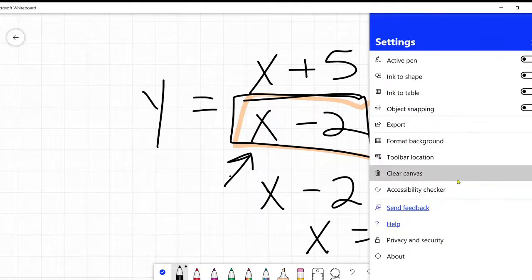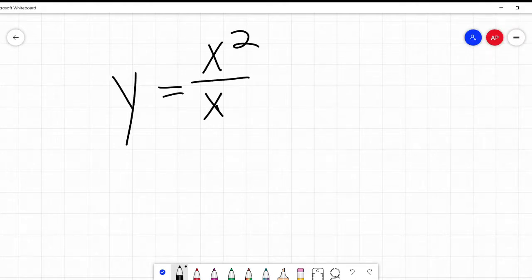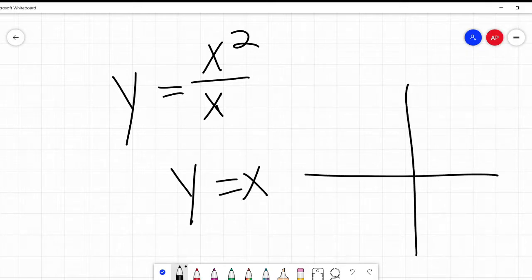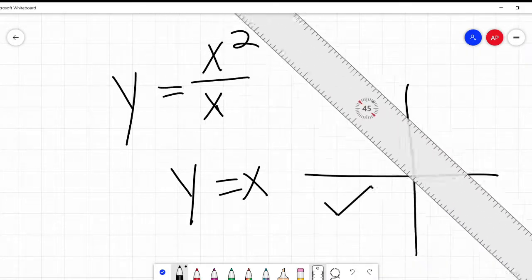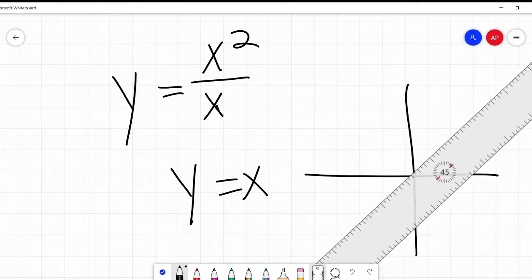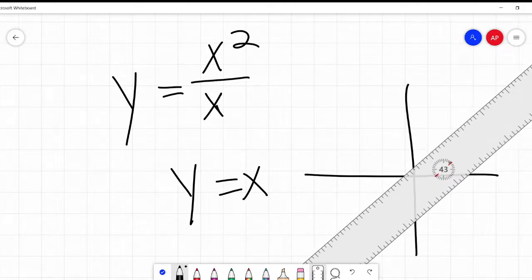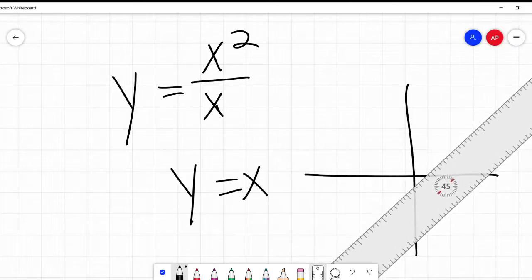This is important to remember for things, especially when you simplify, like something like this. And we say, graph this. When you get a little further in algebra, you'll realize that to simplify this, you will get y equals x, which is just a line. And once you simplify it and you're like, oh, y equals x, it's a line, so I will just draw this little line. 45 degrees.